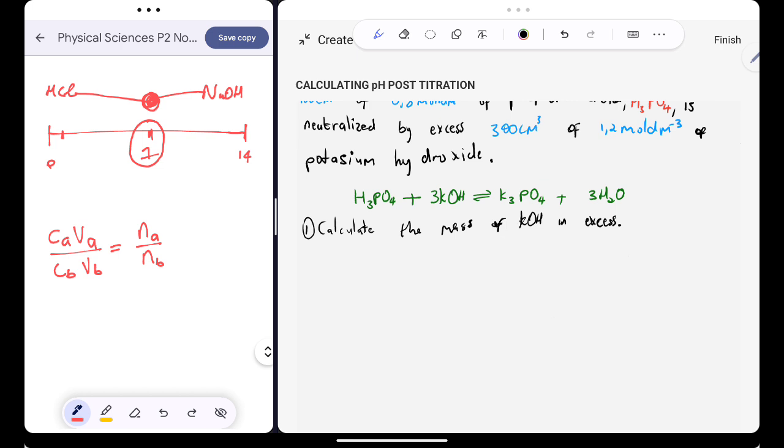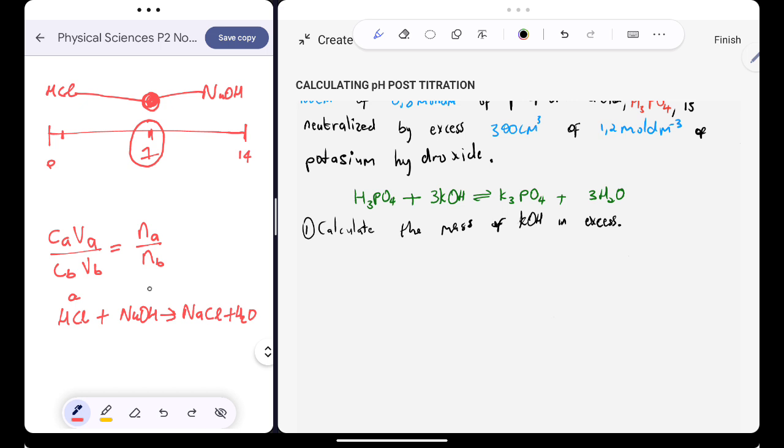But the Na and Nb do not represent the number of moles of both the acid and the base. Let's say we are reacting hydrochloric acid plus sodium hydroxide. We will get sodium chloride plus water.